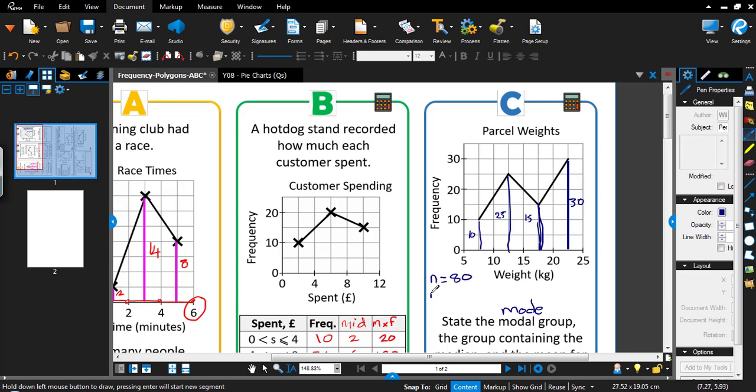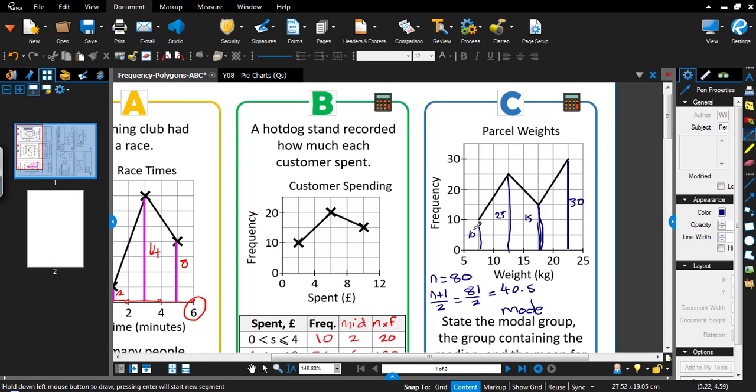And remember the formula we had for the position of the median: n plus 1 over 2. That equals 81 over 2. So it's the 40.5th value. So it's between the 40th and the 41st. Okay.